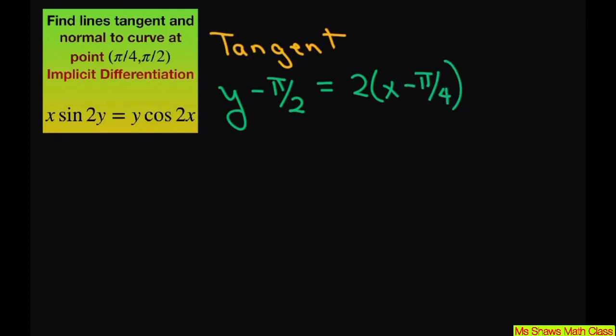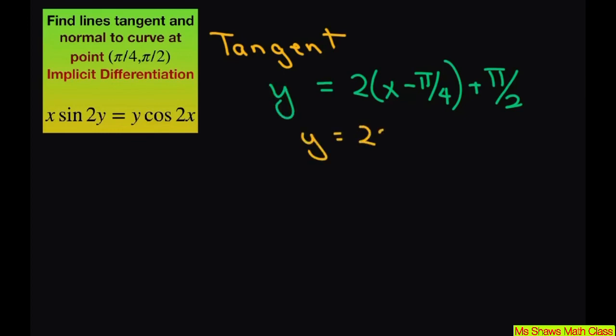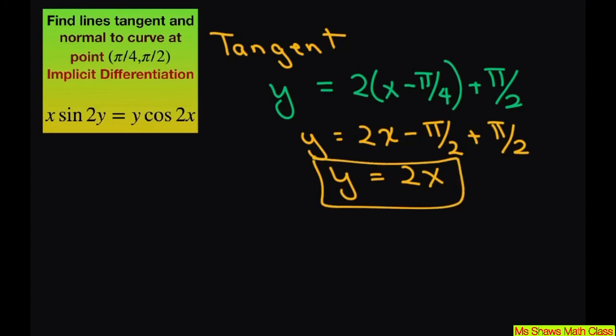Now I'm going to add this pi divided by 2 and subtract it here. Simplifying this, it's minus pi divided by 2 plus pi divided by 2. So y equals 2x for the tangent.